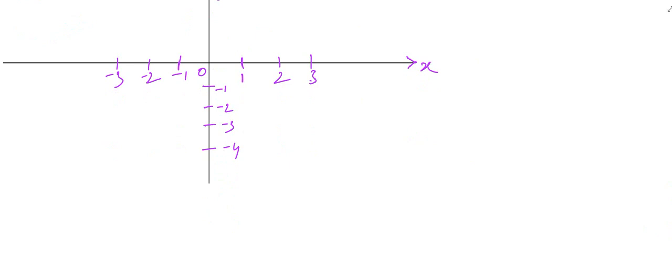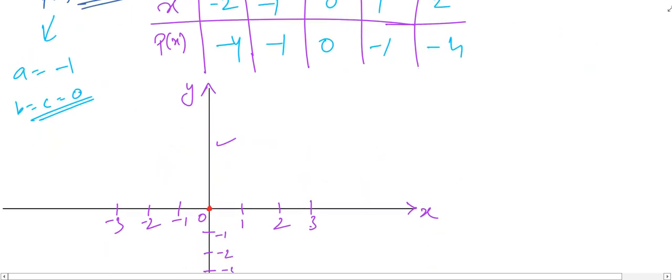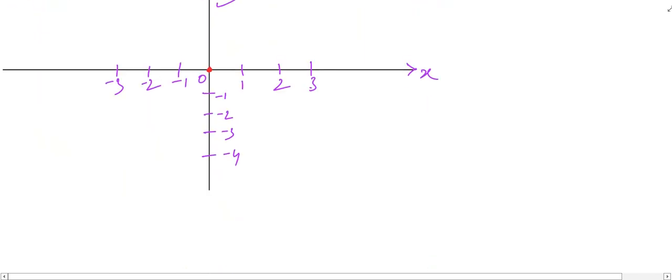So what had happened to our observation table? If we put 0 we got 0, and if we put 1 or -1 we got -1. If we put 2 or -2 we got -4, like this and this.